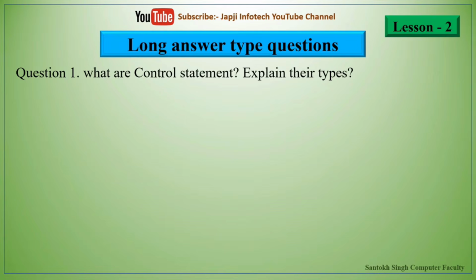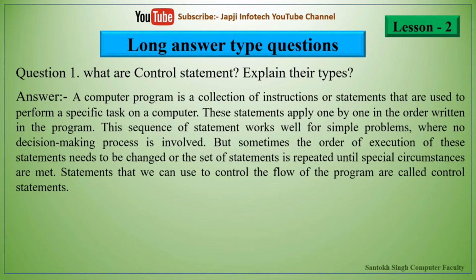So now we will learn about long answer type questions. So first question is, what are control statements? Explain their types. A computer program is a collection of instructions or statements that are used to perform a specific task on a computer. These statements are applied one by one in the order written in the program. This sequence works well for simple programs where no decision-making is involved, but sometimes the order of execution needs to be changed, or a set of statements is repeated until special circumstances are met.